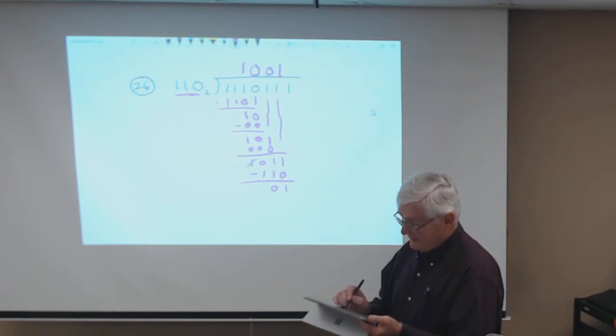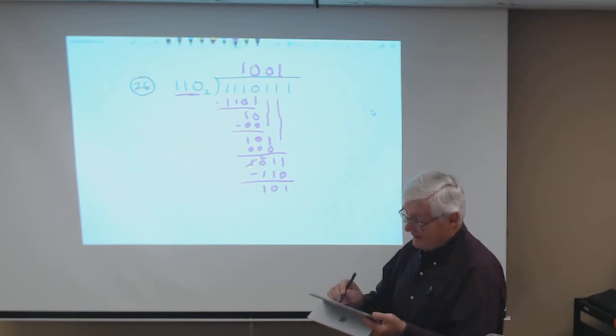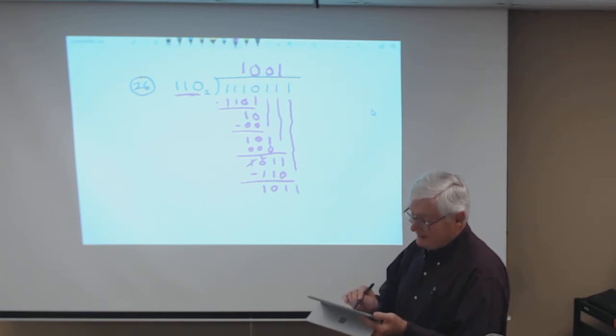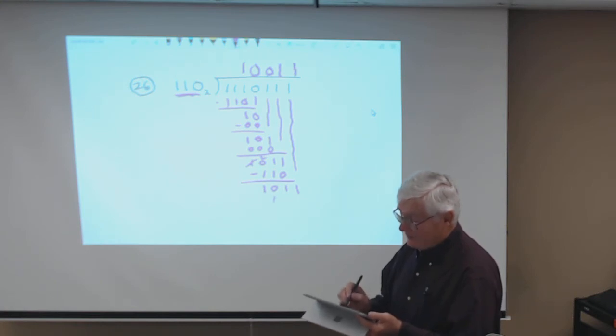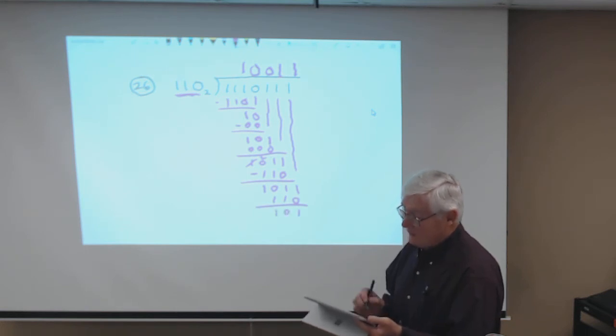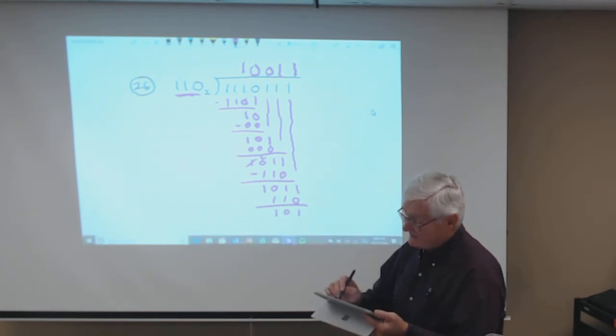Borrow from this, and that gives me 2 of these. 2 minus 1 is 1. Then I bring down the last one. Can I divide this into this? Yes, 1 time. And 1, 1, 0. And 1, 0, 1. So what's my remainder?